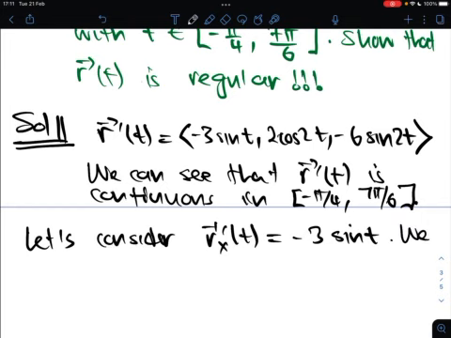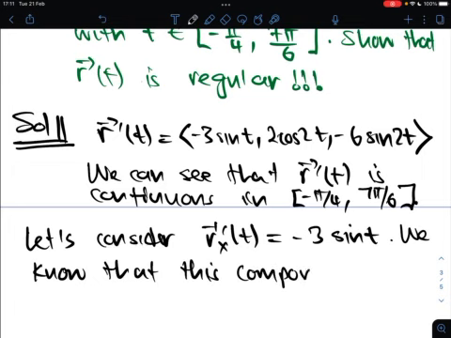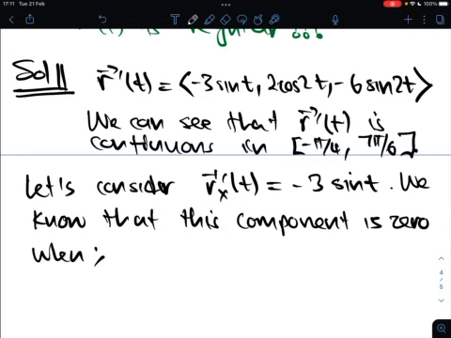We know that this component can only be 0 when t is a multiple of pi, n pi, with n an integer. Sine can only be 0 for integer multiples of pi. That's the only case where we can have the sine function vanishing.